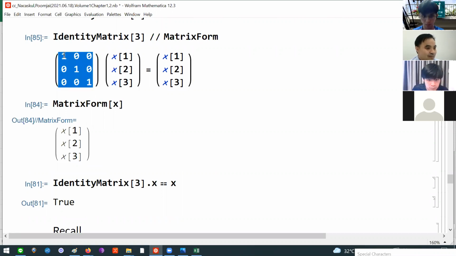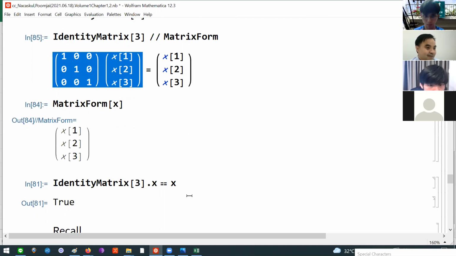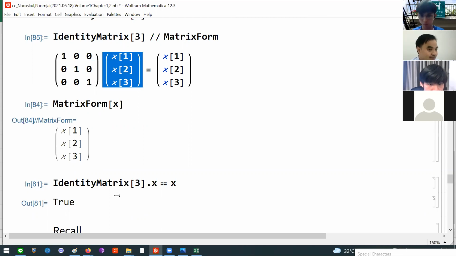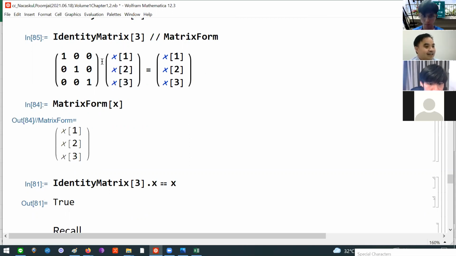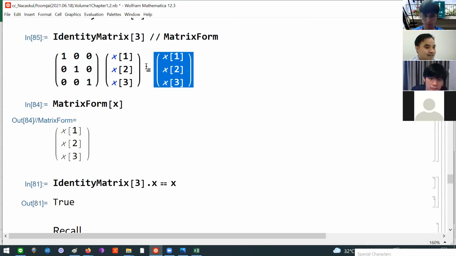So when you do this dot product, 1 times this plus nothing else, you just write it here. Second one, nothing, 1 times this, nothing. You just write it here. So basically, this is identity matrix. It's doing nothing. Likewise, this thing keeps the same value, it keeps the same dimension.